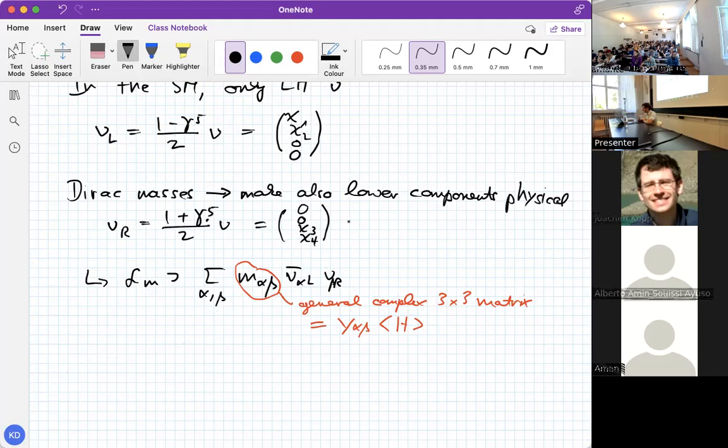I've introduced effectively two additional degrees of freedom now. Without the neutrino mass term, we had only the left-handed neutrinos. With the neutrino mass term, we have left-handed and right-handed neutrinos. And I can give you a little bit of intuition why these new degrees of freedom are now needed. So there are now 4 degrees of freedom per flavor.